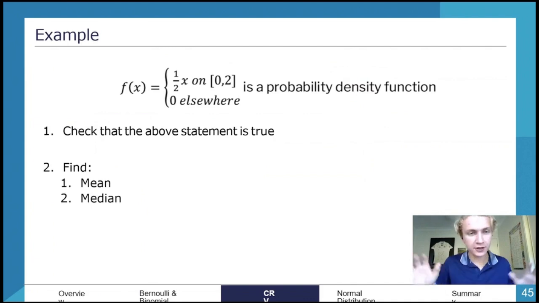Okay, so we're now going to go over another example. We've got a probability density function that follows the rule half x between 0 and 2, and it's 0 elsewhere. In question 1, we're trying to show that this is a probability density function. First we have to check the statement is true, so remembering our two rules.